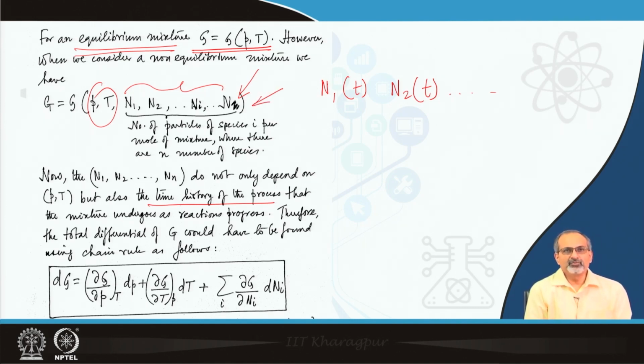So, dG would depend on the partial derivative of G with respect to pressure evaluated at constant temperature multiplied by dP, the partial derivative with respect to temperature at constant pressure multiplied by dT, and then a sum of n terms, where you take a partial derivative of the Gibbs function with respect to the population of a particular species i multiplied by dni and summed over all these species.